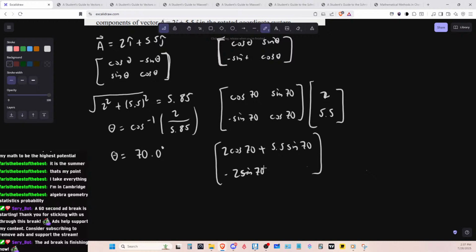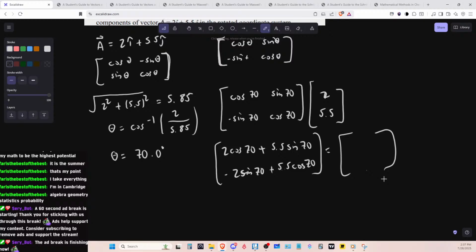Sine of 70 plus cosine of 70. Using matrix and vector, how do you find the value of cosine?